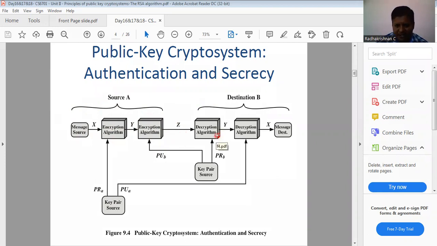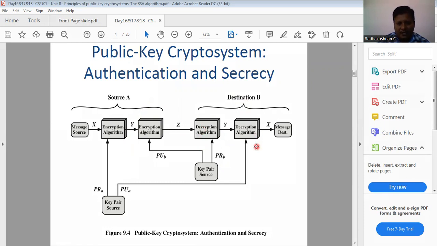On the destination side, with the help of the public key algorithm: first, public key cryptography is encrypted with the sender's private key and also encrypted with the receiver's public key, which automatically converts it into ciphertext. At the receiver end, the decryption process is carried out first with the receiver's private key.